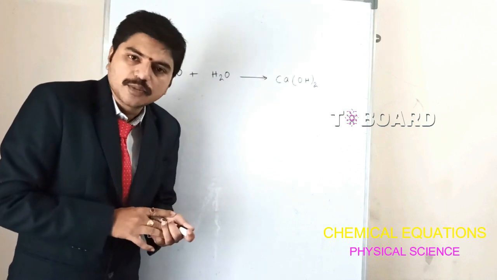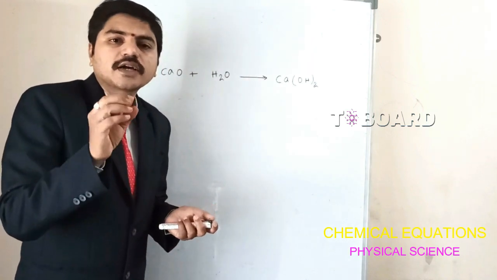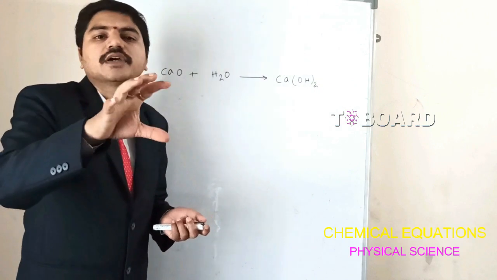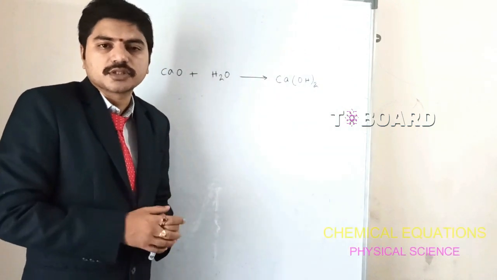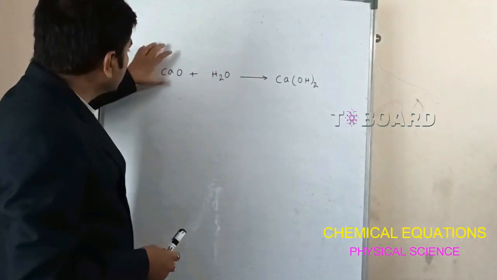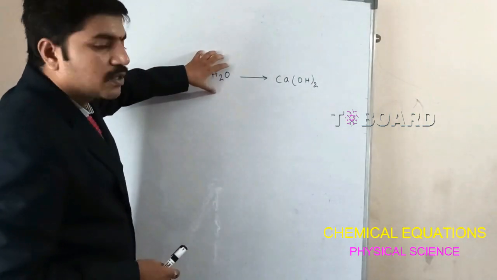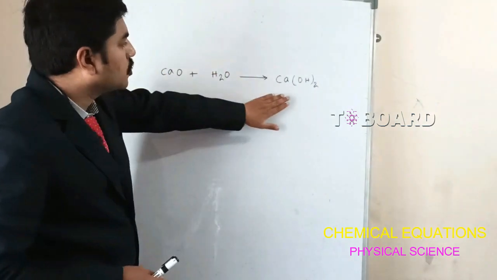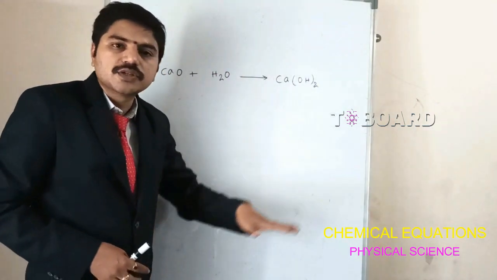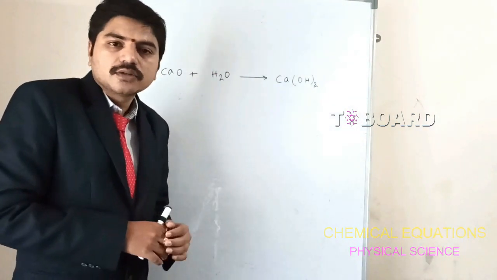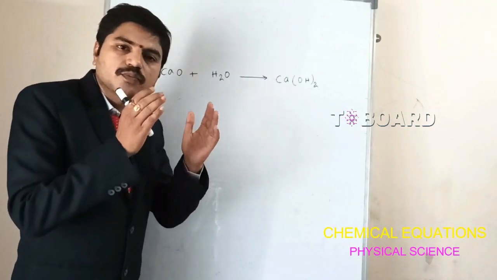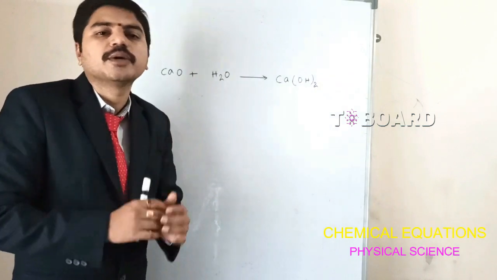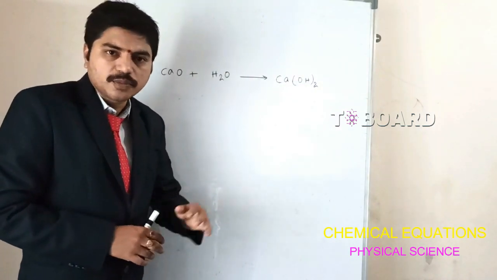If you write the chemical equation, then within one line only we can give a statement with particular chemical proportions. For example, here calcium oxide is mixing with water, then calcium hydroxide, Ca(OH)2, is made. This single line can provide the total information about the chemical formula and everything.